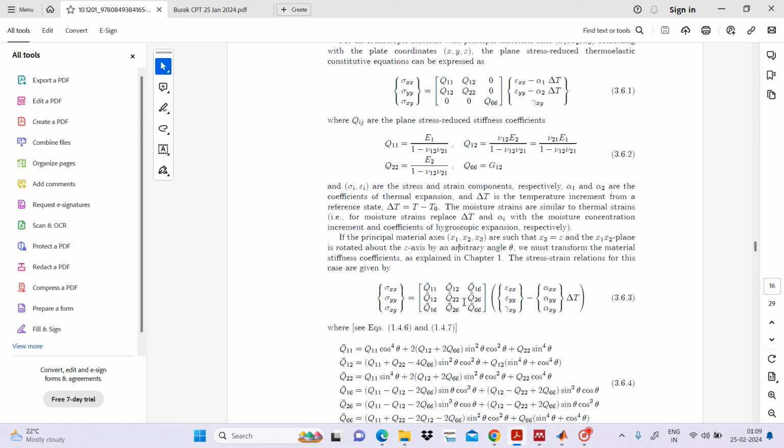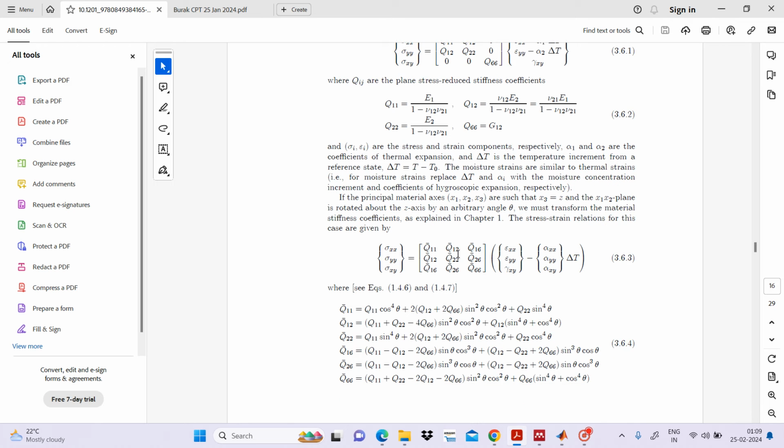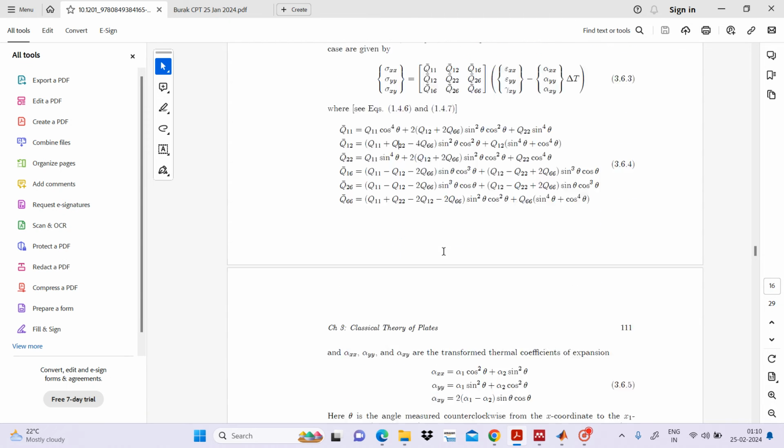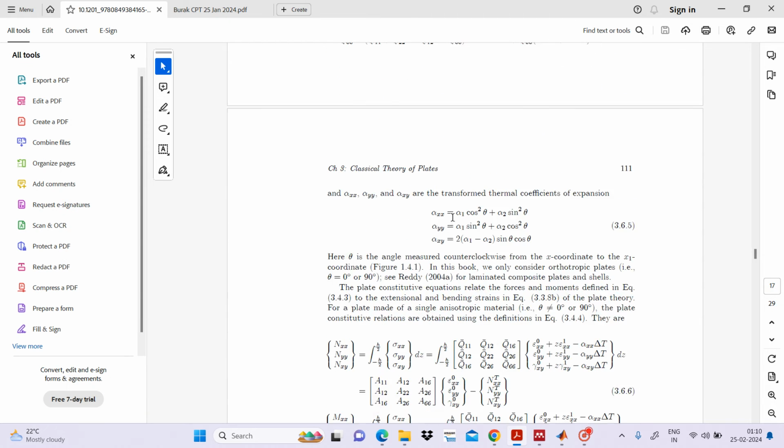So we get the transformation matrix, and the transformed Q11 bar, Q12 bar, Q16 bar are written here. Q11 bar equals Q11 cos^4 theta plus 2 times this plus so on, you can see the formula here. We are neglecting alpha xx because it is a thermal coefficient, and we are not interested in it right now.